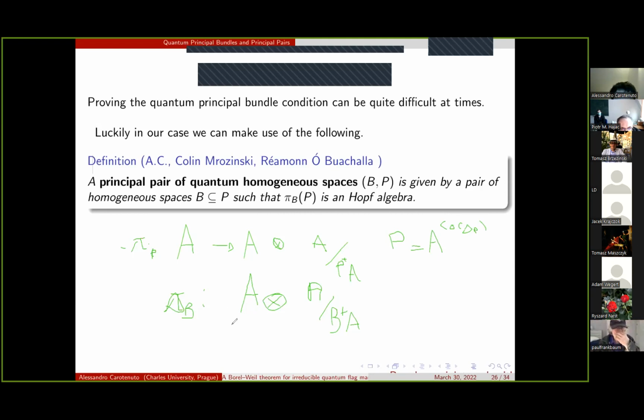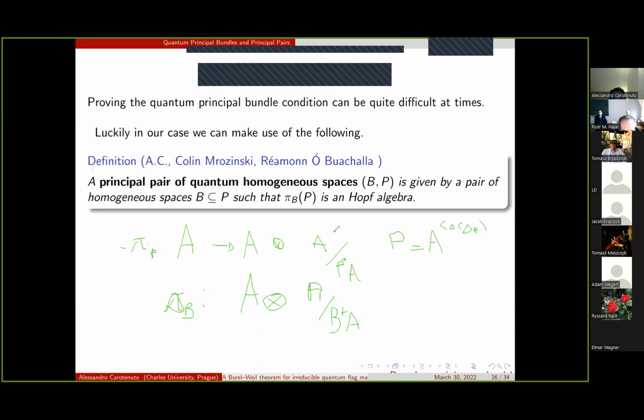Now, if I denote by pi B this quotient, I can consider pi B of P. Is pi B a map or a space? Pi B is a map.